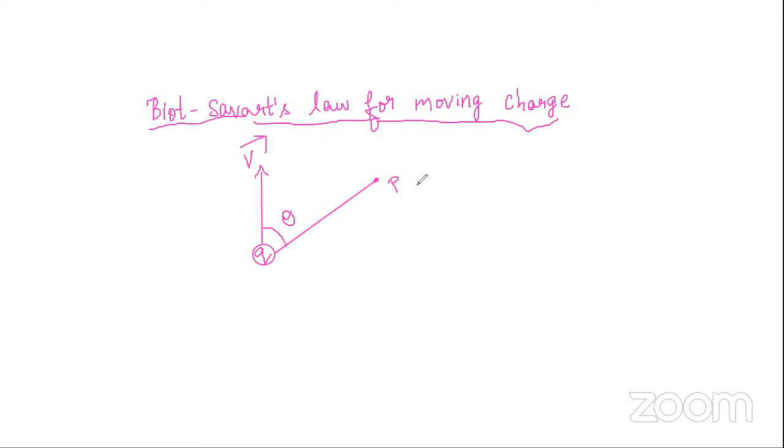So in that case, what is the magnetic field? B equal to mu naught by 4 pi QV sin theta divided by r square.